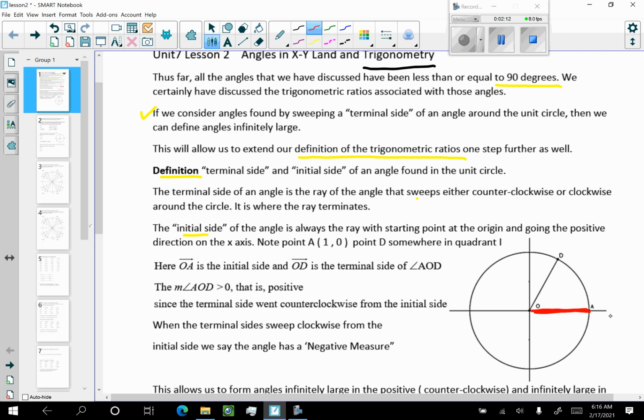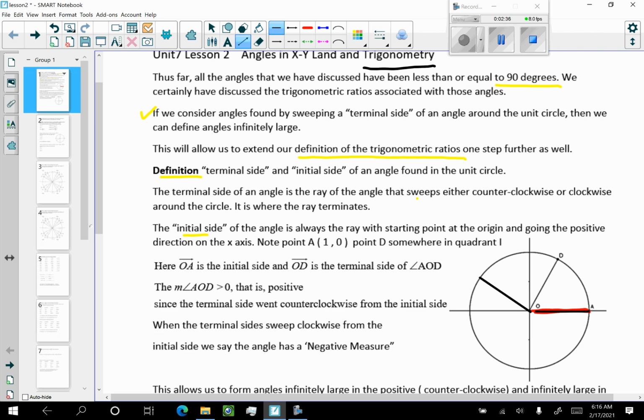And what we're going to do is sweep this terminal side. Well, we can sweep it right there. That's an angle. I want to make sure I started at the origin. That's an angle less than 90, but look what's happening.